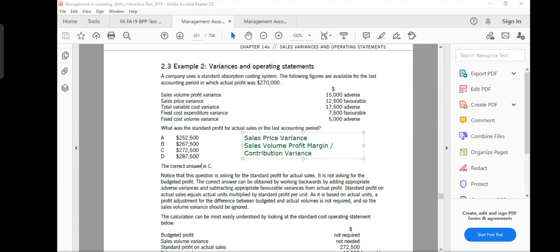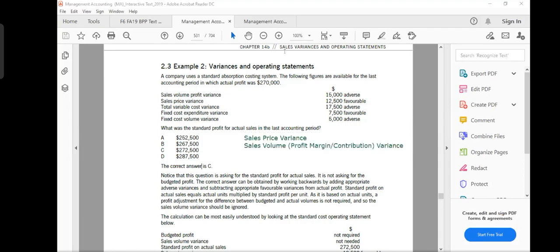So this is the full name. Of course, we know that if you are using absorption costing, you talk about profit margin. If you are using marginal costing, you talk about contribution margin.